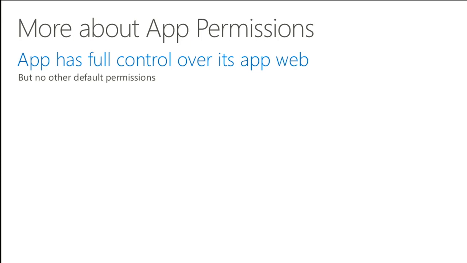What I mean is that when you create an app, you can, or you could have, an app web, which is a SharePoint website on which the app relies, which is always available in SharePoint hosted apps, which is the site in which the app runs, and can be available in cloud-hosted apps if you want to create it. Well, if you want to create it, or if you have it by default because you are in a SharePoint hosted app, you will have full control over this app website.